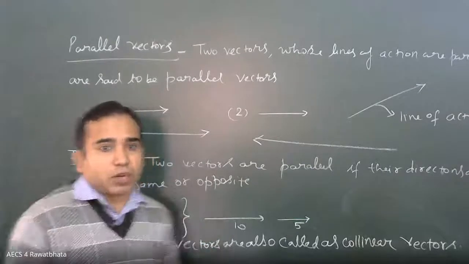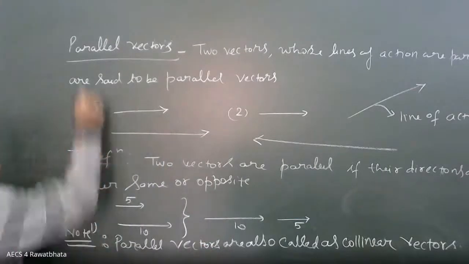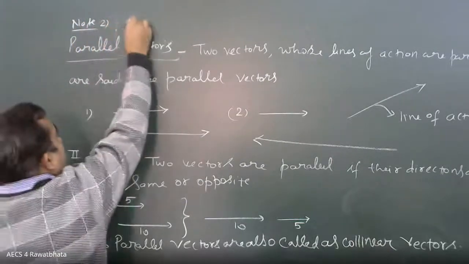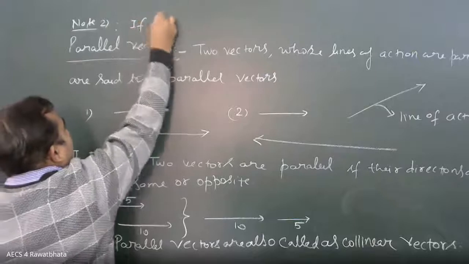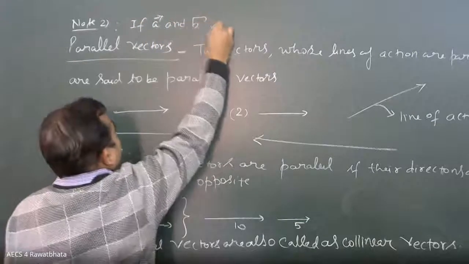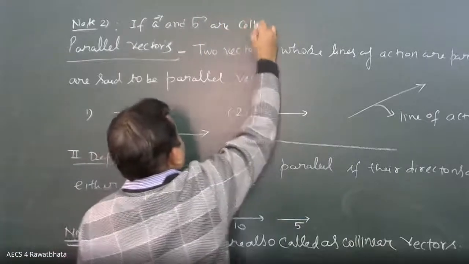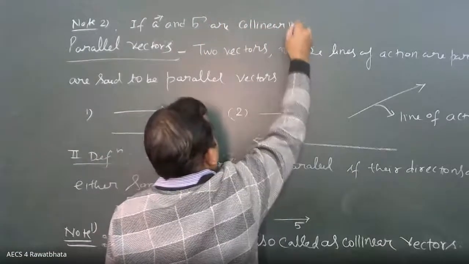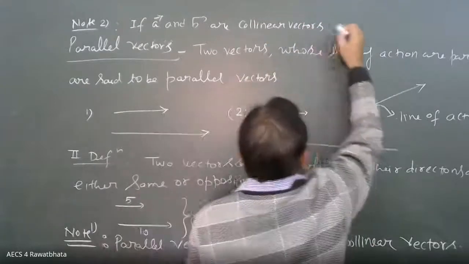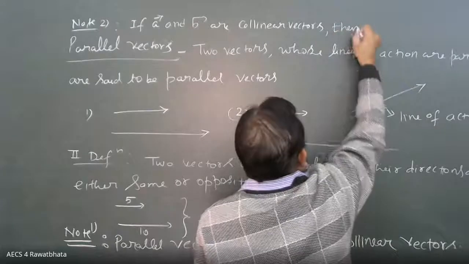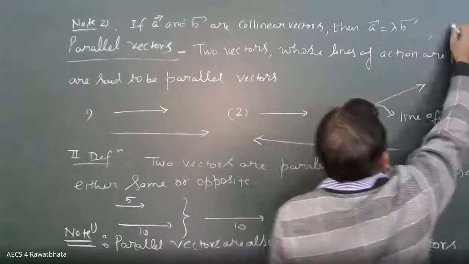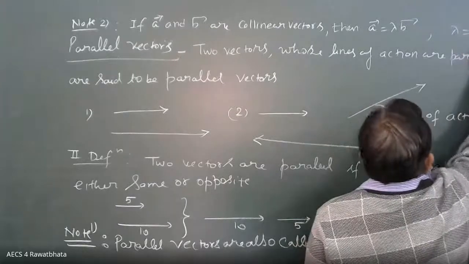So, note 2: if A vector and B vector are collinear vectors, of course parallel vectors, another meaning, collinear vectors, then A vector equals lambda times B vector, where lambda is some constant.